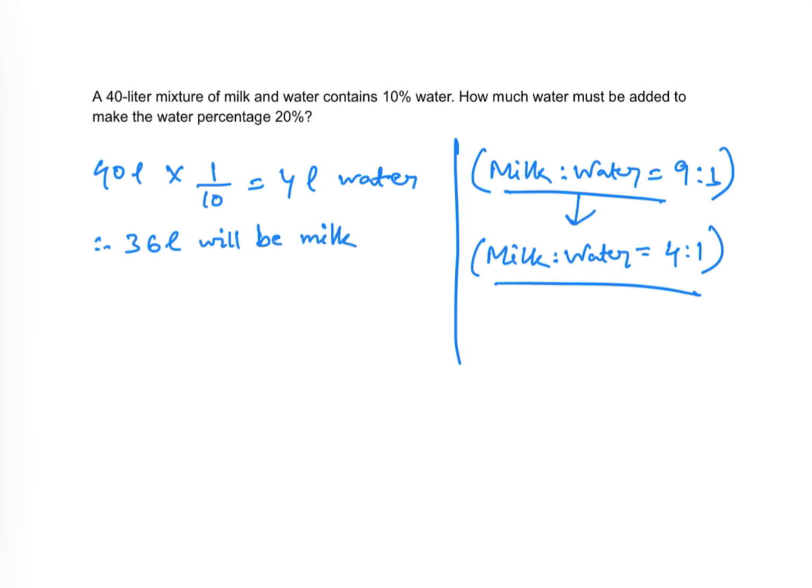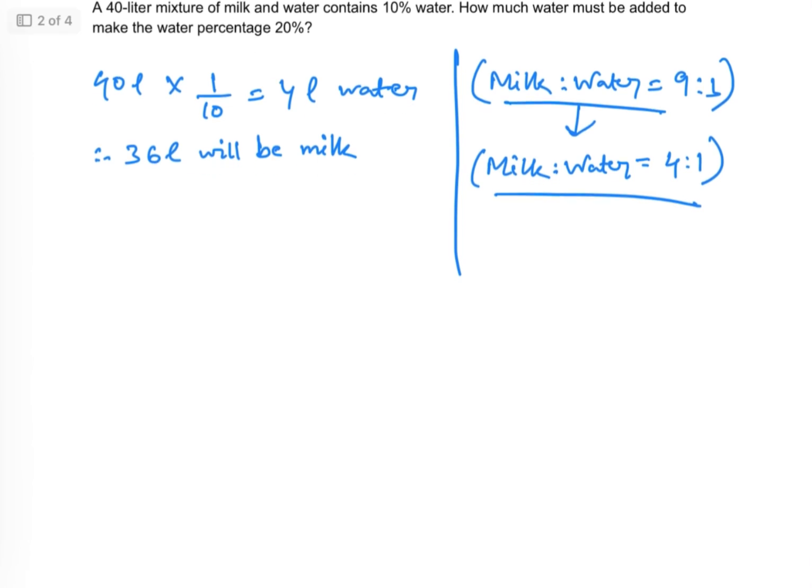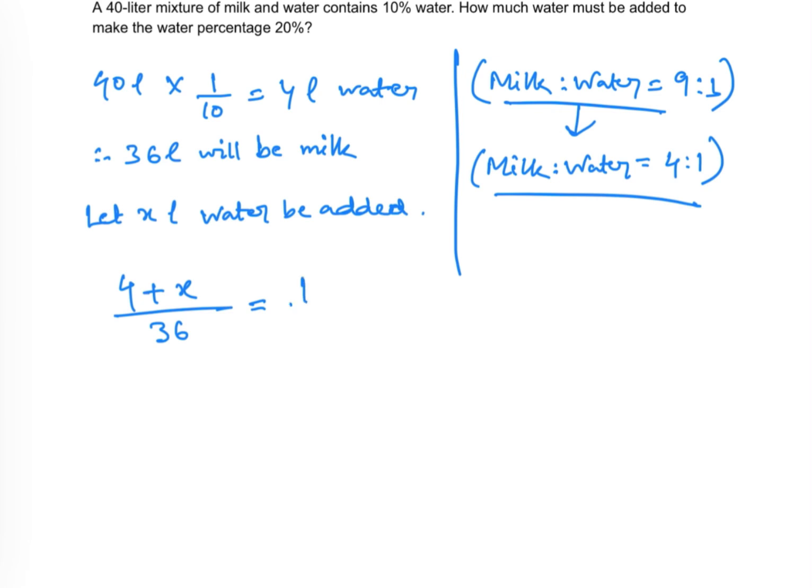Now what we can do is, let x liters of water be added. Now x liters has been added to make 9:1 into 4:1. Now we can say that 4 plus x by 36 is actually 1 by 4.